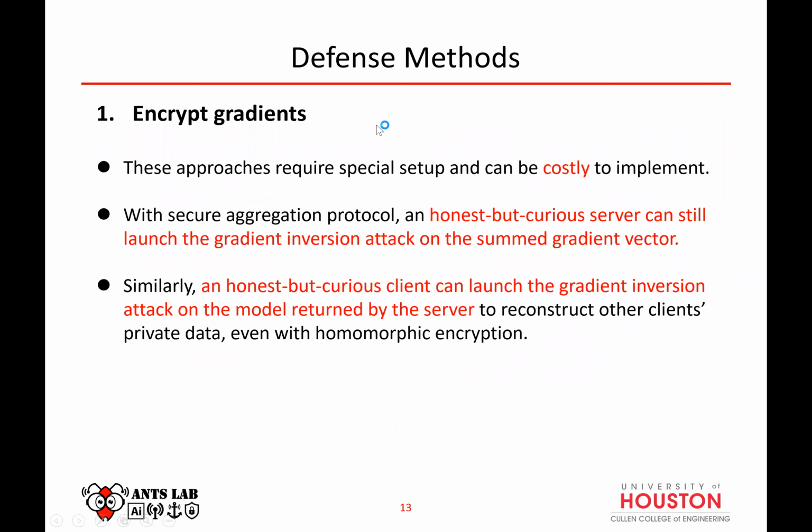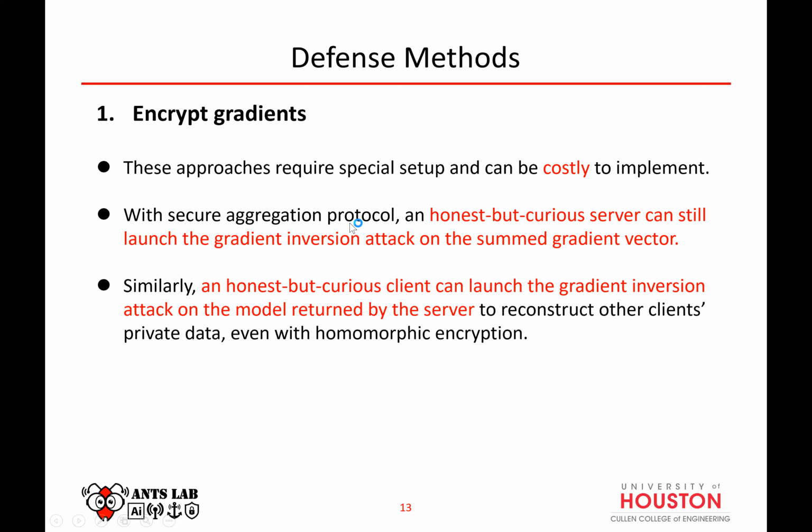And this paper introduced some defense methods. The first one is encrypting the gradient, for example using secure aggregation methods, but these methods always require special setup and can be costly to implement.